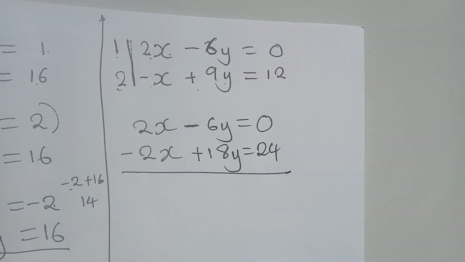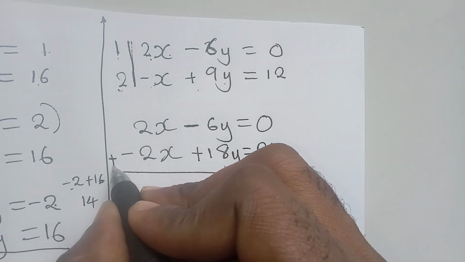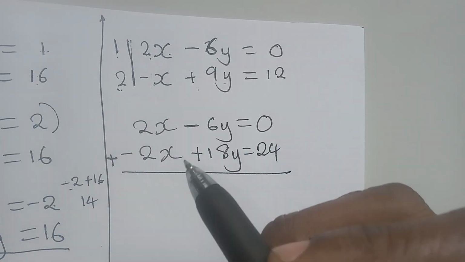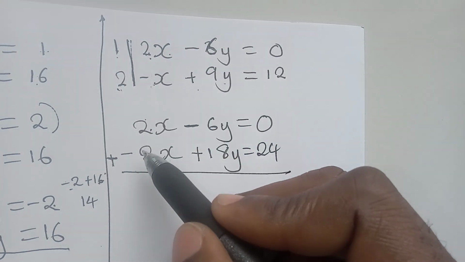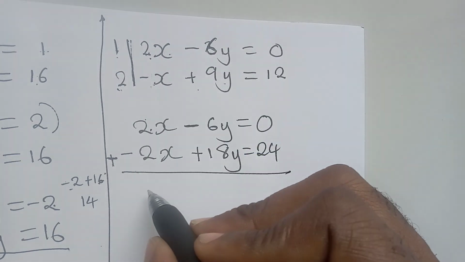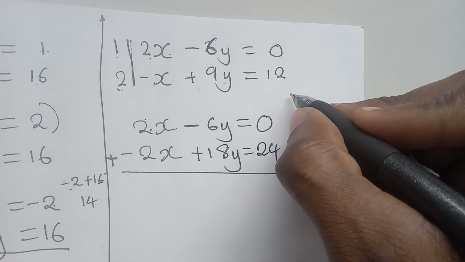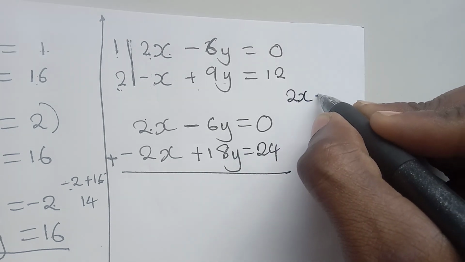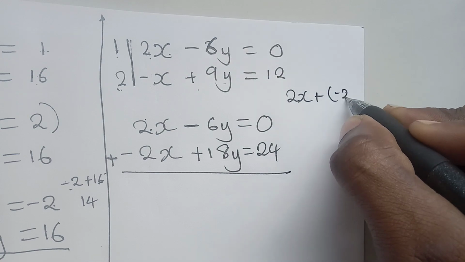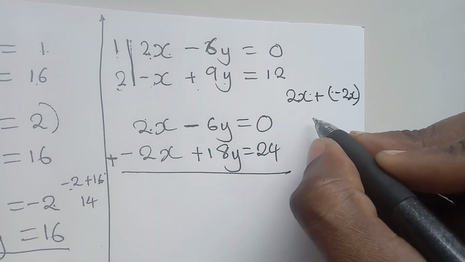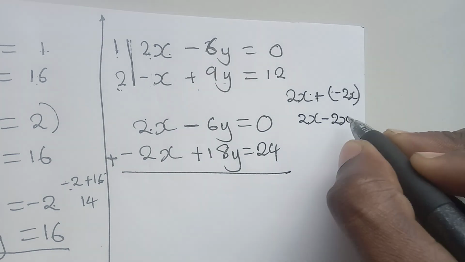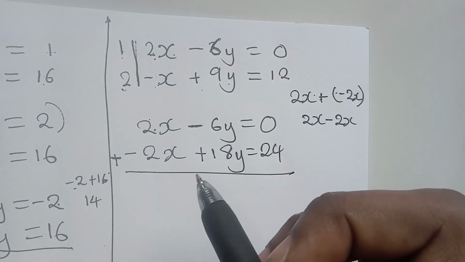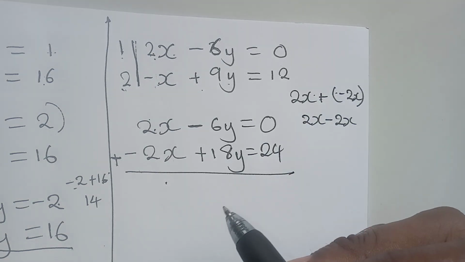So all you have to do is apply your knowledge from assignment 1 and add the two equations. So this plus this, because the signs are different and the numbers are the same, this will just be a 0. That's like 2x plus negative 2x, and then negative and positive is negative, so 2x minus 2x is 0, so you don't even have to write the 0 here.